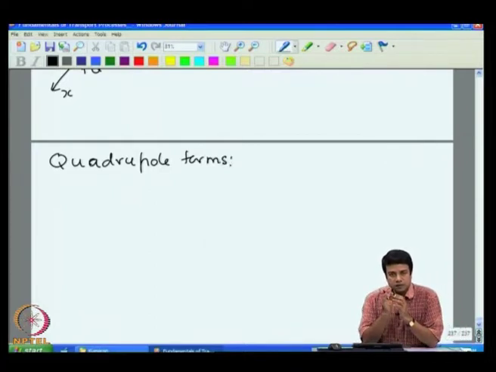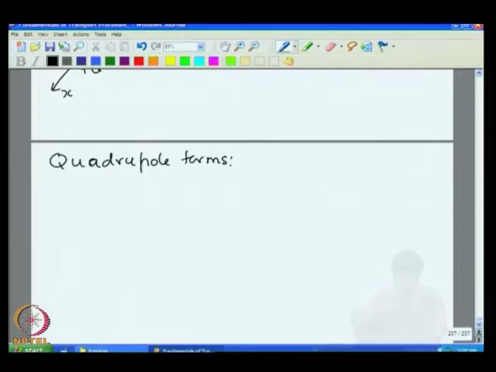If you recall, there was a net source of energy coming out from the origin. The dipole terms were a combination of a source and a sink in such a way that the total amount of energy coming out is identically equal to 0. However, there was a net dipole moment, that is, the source and sink were separated by a small distance.